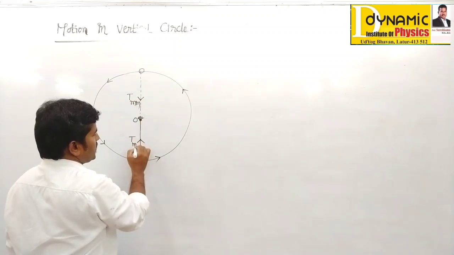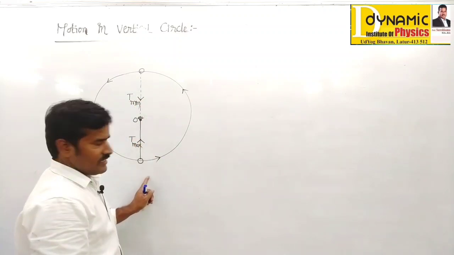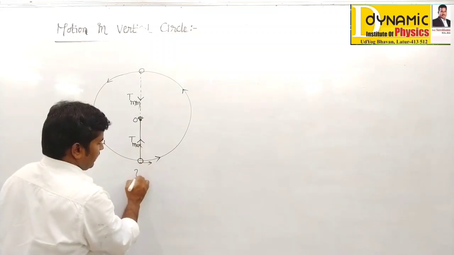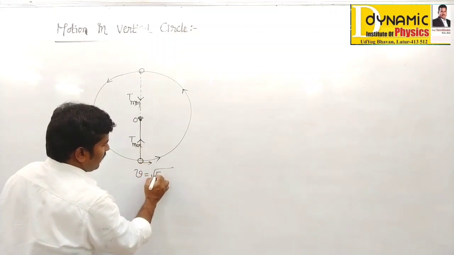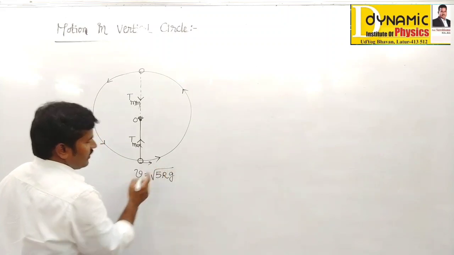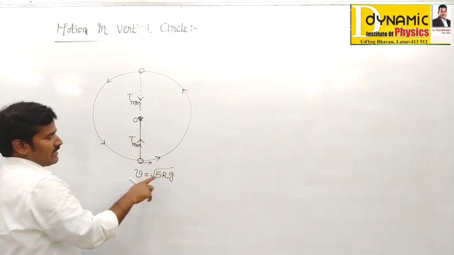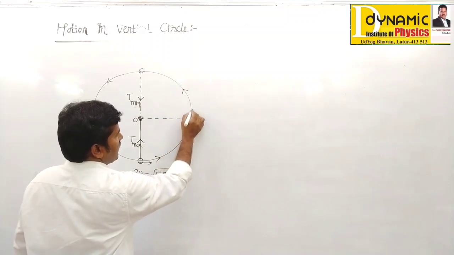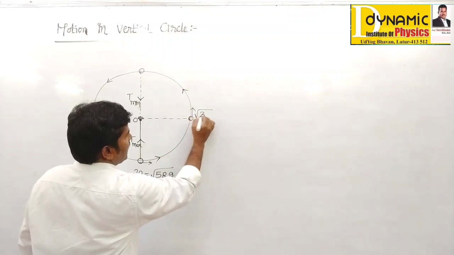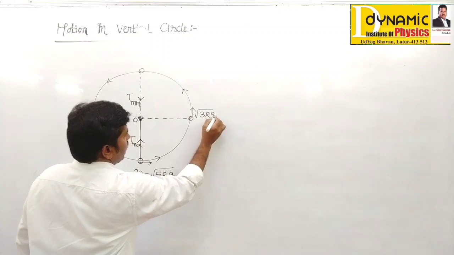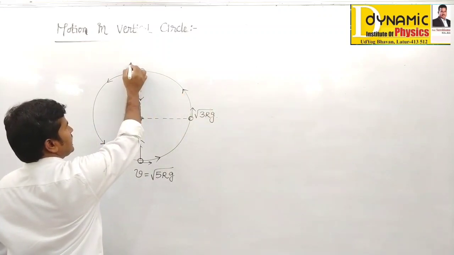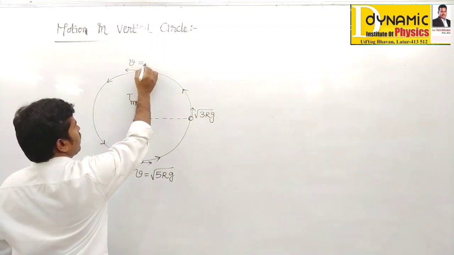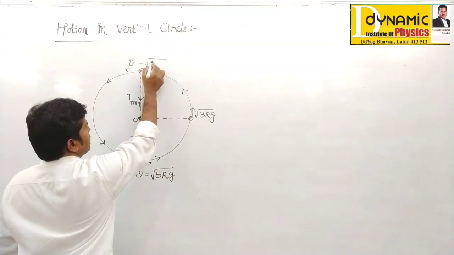Because different positions have different velocities. Here the velocity v equals under root of 5 rg. At this position the velocity is under root of 3 rg, and at this position the minimum velocity v is under root of rg.